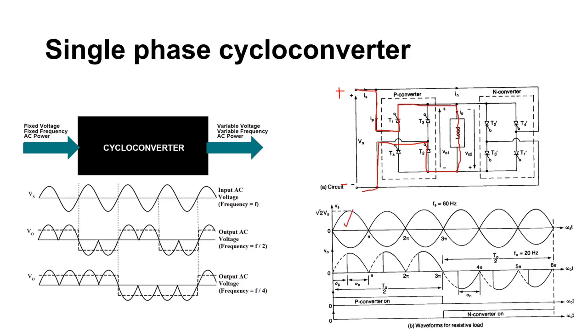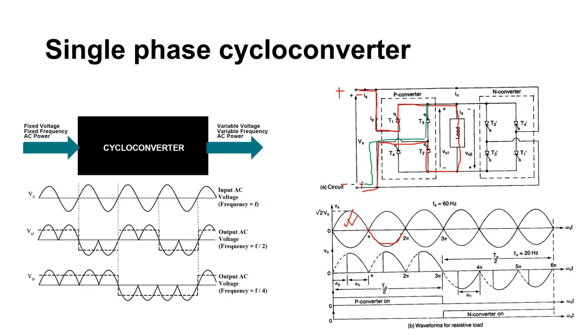During the negative half cycle of the input voltage, when the polarity changes, this part becomes positive and this part becomes negative, and at that time the current flows like this.